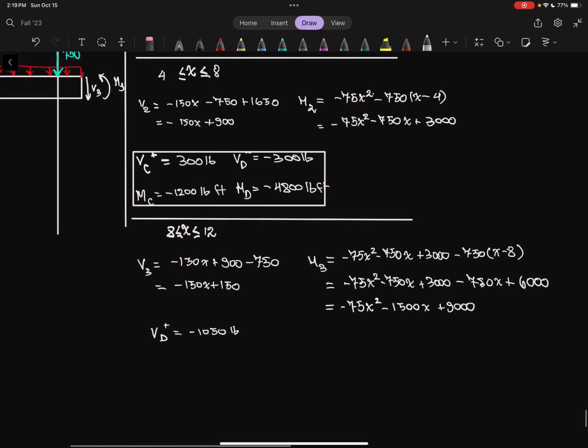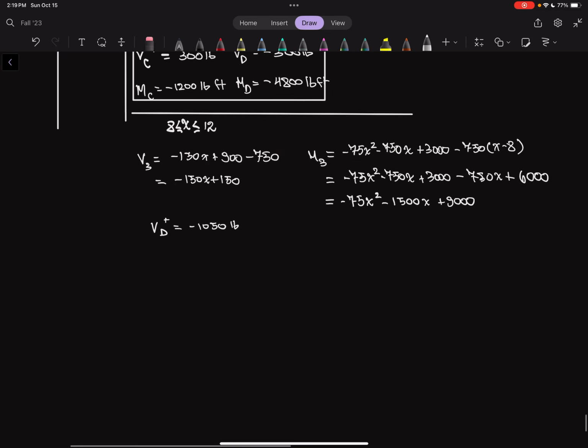Does that make sense? Yes. And then VB from the left, we're going to do minus 150 times 8 plus, not times 8, times 12, times 12 plus 150, minus 1650, which makes sense because then the reaction force brings it back to 0.